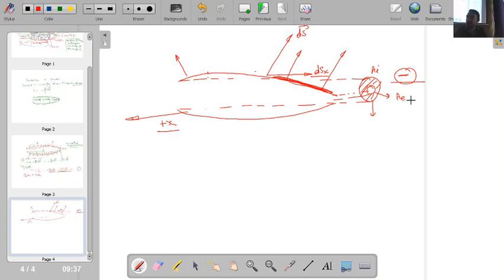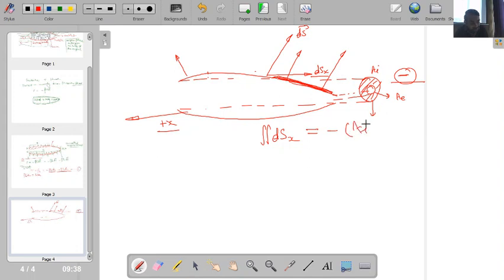Is this one clear? So I can say that my integral of dsx in x direction is nothing but equal to minus of AI minus AE, minus because it is acting in the rightward side.